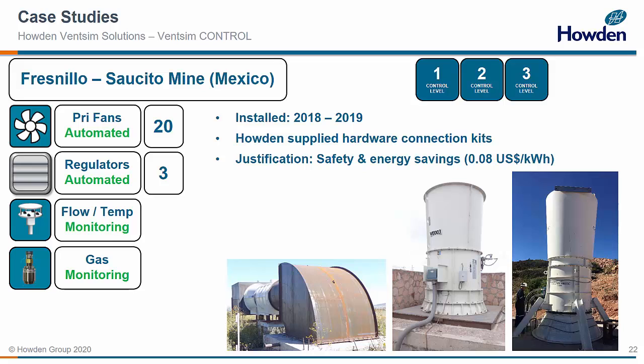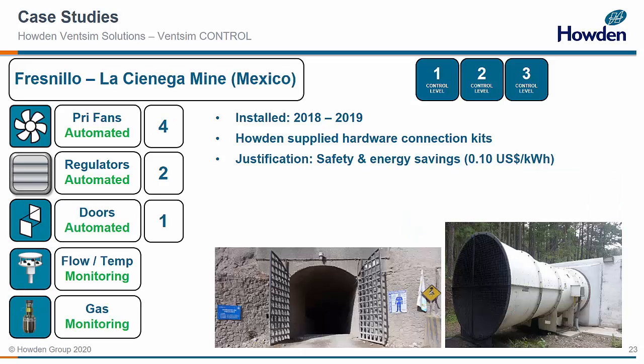They have 3 levels of control, controlling 20 primary fans, 3 airflow regulators, and we also supplied the hardware connection kits for this project. Another example is the Fresnillo La Cienega mine. They have 3 levels of control, controlling 4 primary fans, 2 airflow regulators, 1 door, all of the associated monitoring, and Howden also supplied the hardware connection kits.